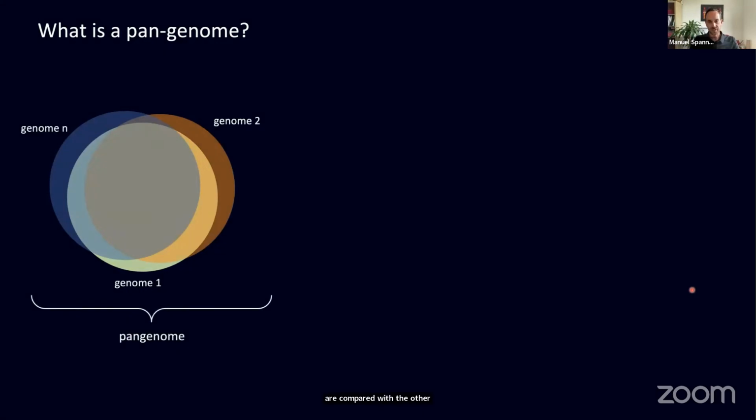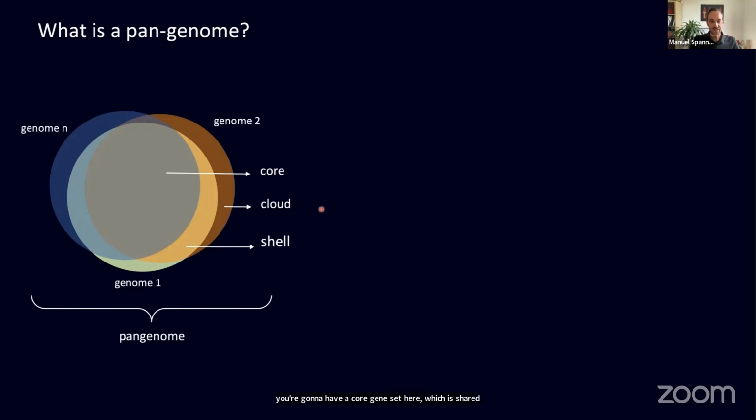There's no certain number, but usually you're going to have a couple of genomes that come together to form a pan-genome. And when you then look at the gene inventories of these and compare them, you're going to have a core gene set here, which is shared by all the genomes that you have here.